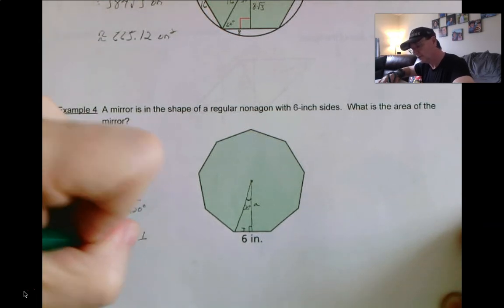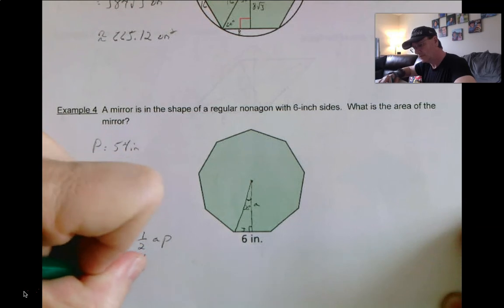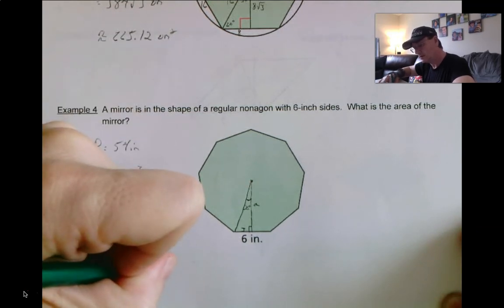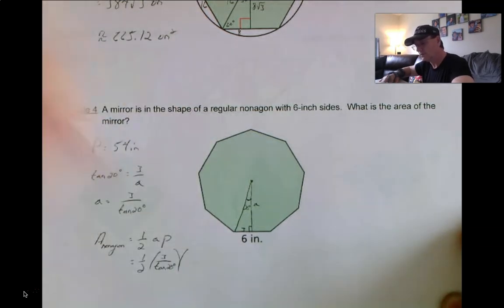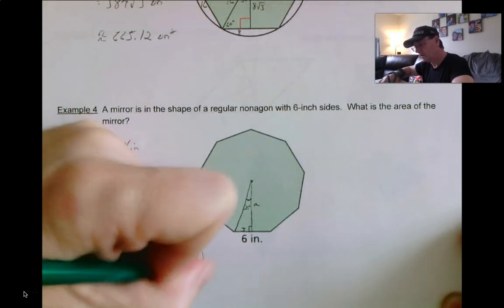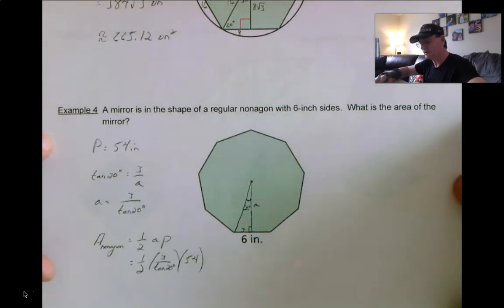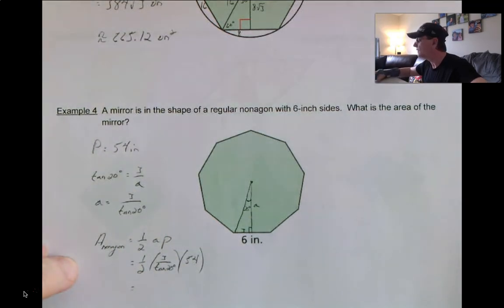Area is equal to 1/2 AP, 1/2 times 3 over tan 20 degrees times 54. Half of 54 is 27. 27 times 3 is 81, divided by tangent of 20 degrees.